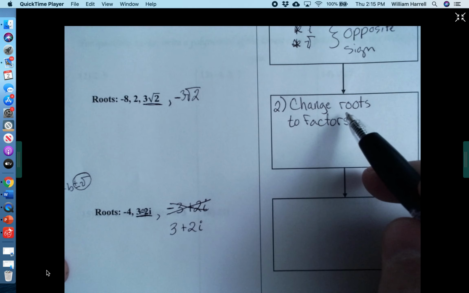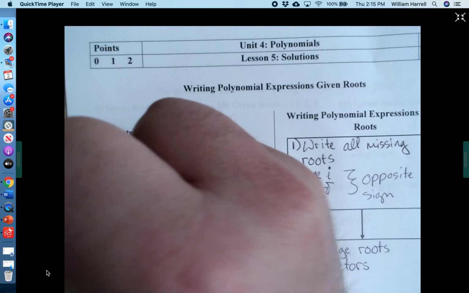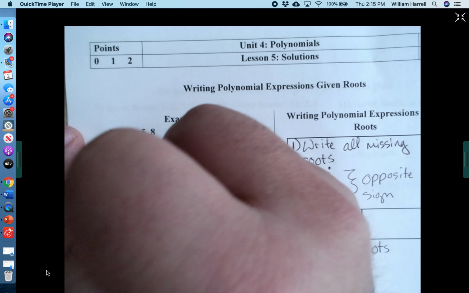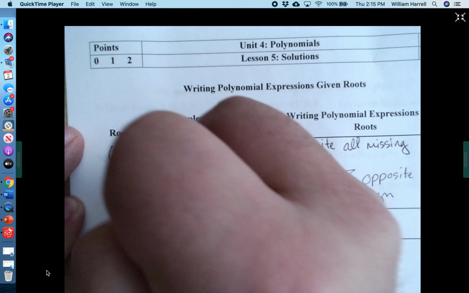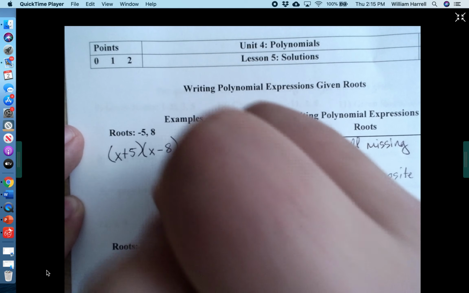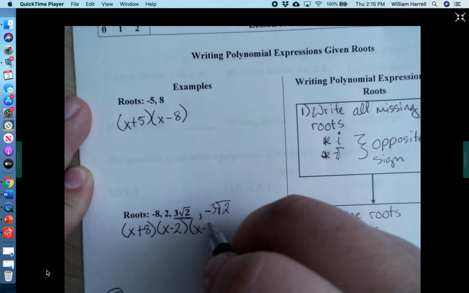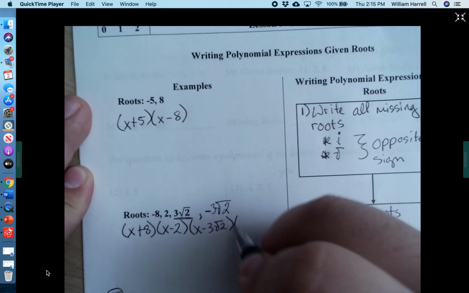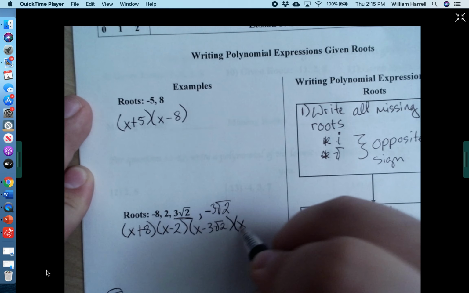Second thing we're going to do, we're going to change all roots to factors. Again, the way you do that is just simply change the sign. So negative 5 is going to be x plus 5. Positive 8 will just be x minus 8. Here, it'll be x plus 8, x minus 2. Then I have x minus 3 square root 2. Then on the last one, it's x plus 3 square root 2.